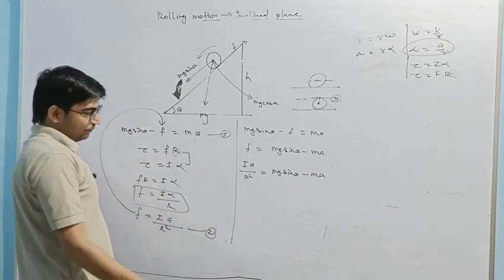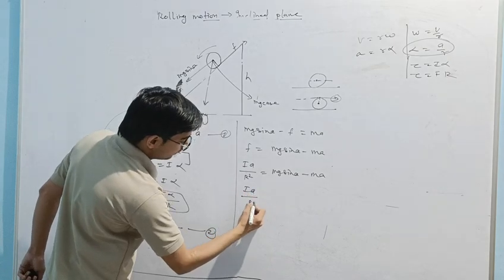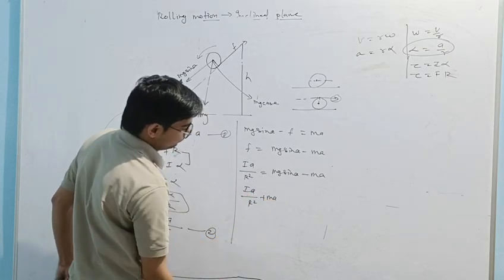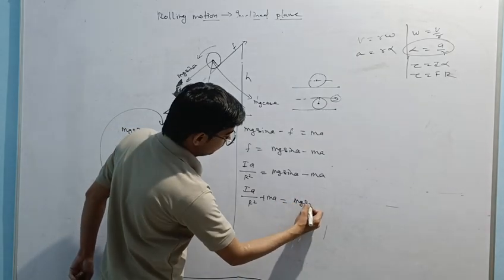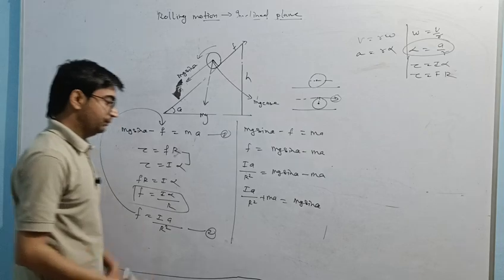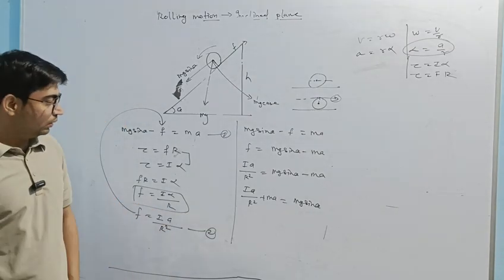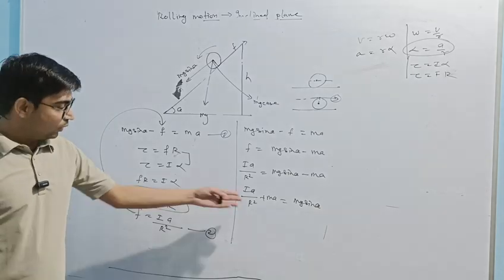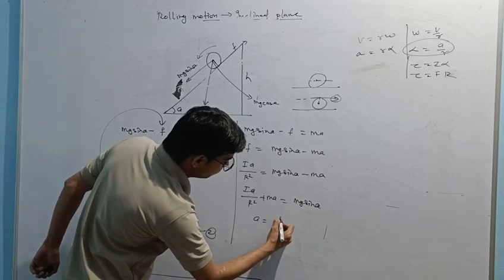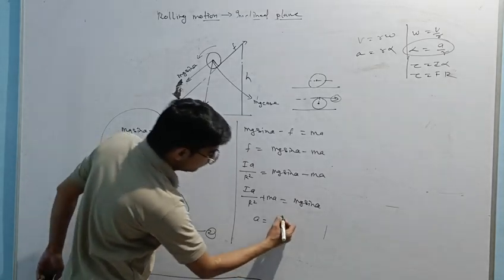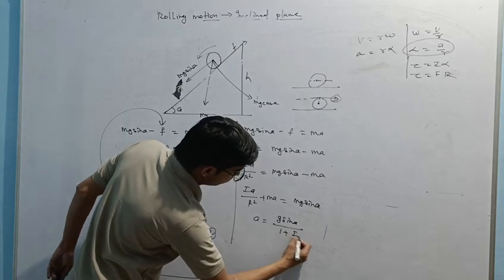You can say Ia upon R square plus ma equal to m into g sin theta. Alright. On solving this equation, what are you getting? Take a common and solve further. I think you are getting a is equal to, m cancels out. You are getting g sin theta upon 1 plus I upon mr square.